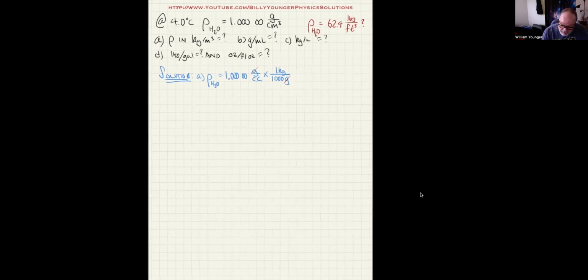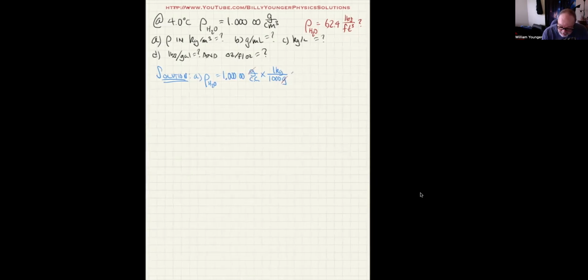And now I also know that there is exactly 100 centimeters in 1 meter. And of course, I don't have centimeters here. I have centimeters times centimeters times centimeters. So what I'm going to do is save a little space and write that as cubed.